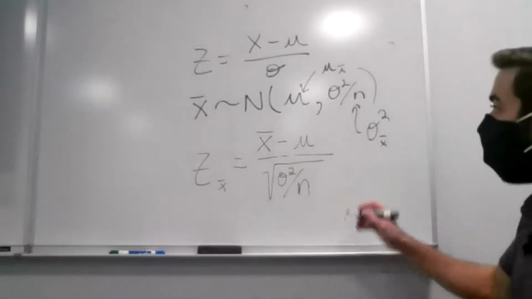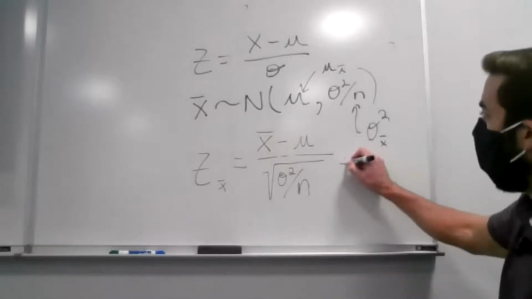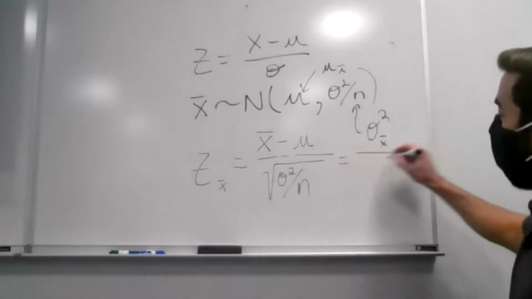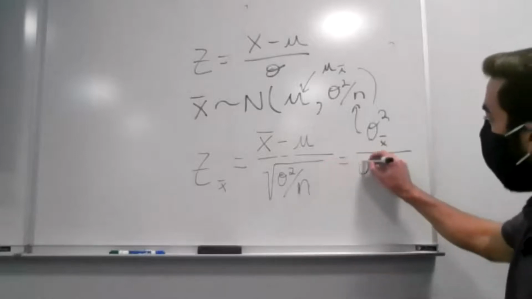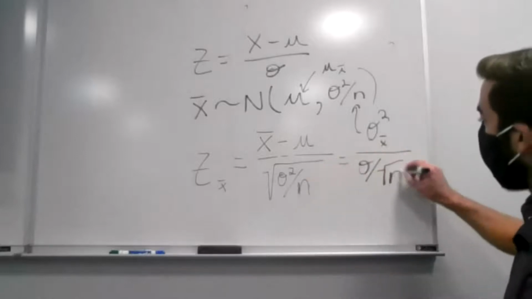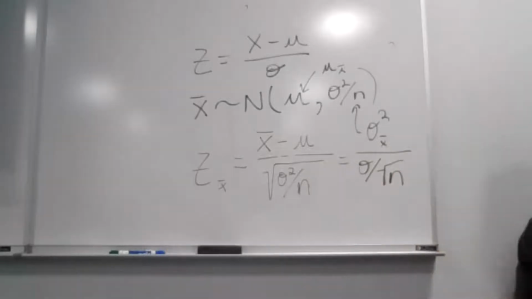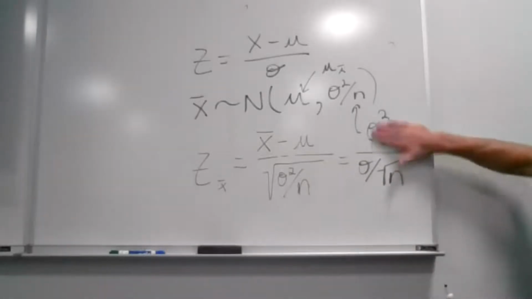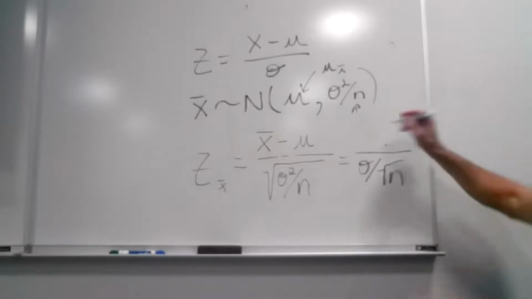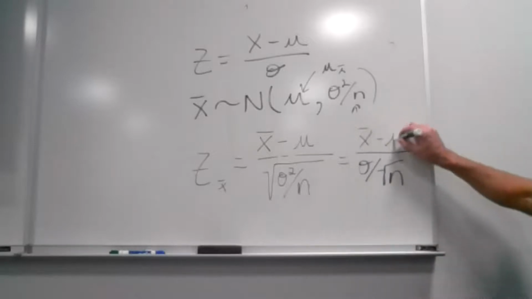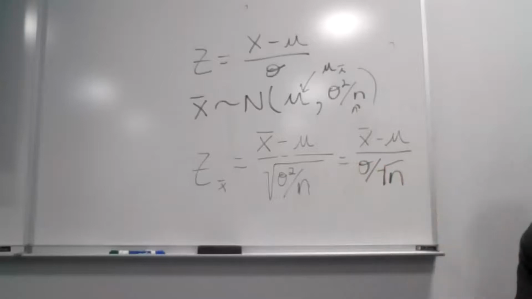Now I could rewrite this a little bit, where the denominator is like that. We talked last class, there's two ways to write this. They both mean the same thing, it's just a little bit different. And just so I don't confuse you, I'm just saying these two equations would give me the same thing.